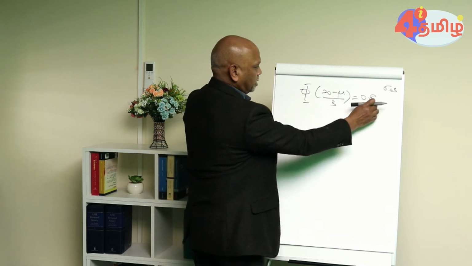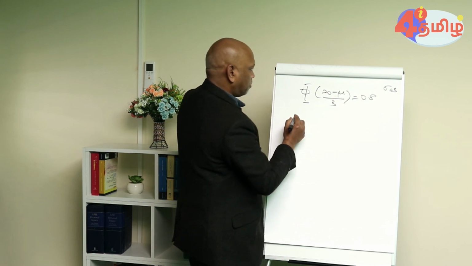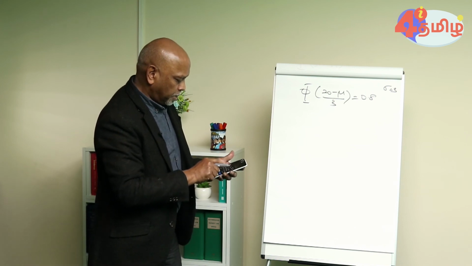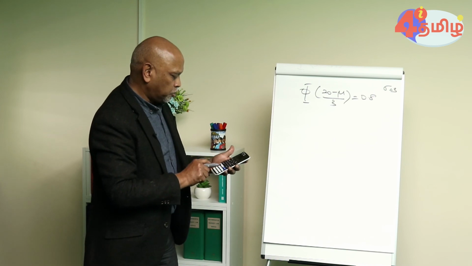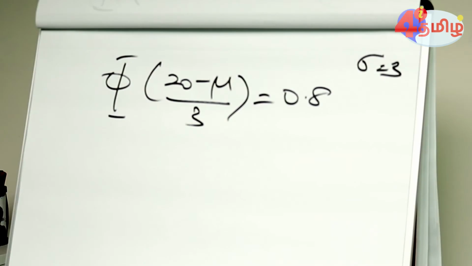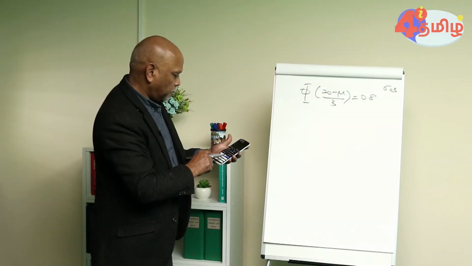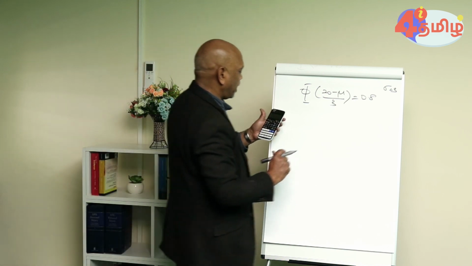There's the area given, and there's the function we need to find. So if I use the calculator for the inverse function, let me select the normal distribution, and I need to find the option for inverse. The area is 0.8, the standard deviation is 1, and mu is 0. The answer is 0.842.